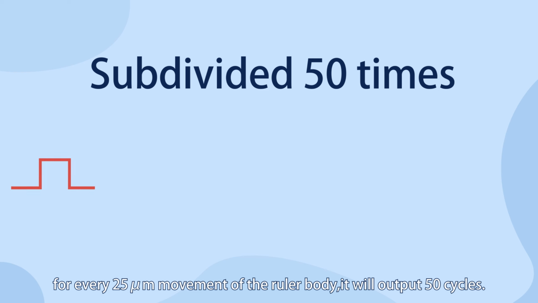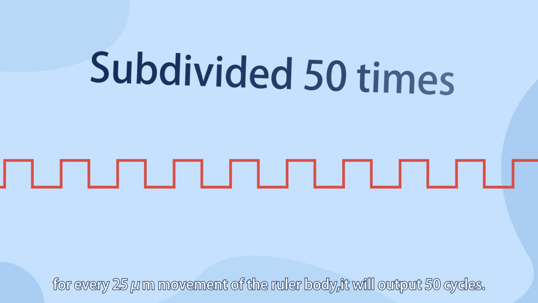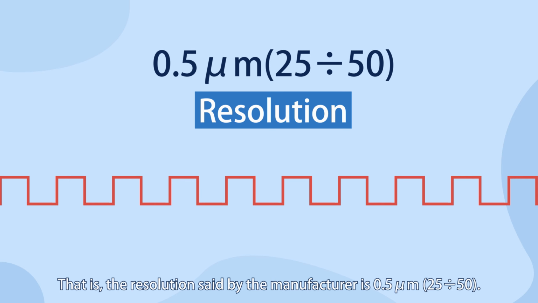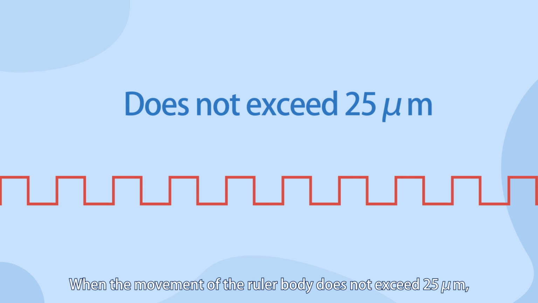For every 25 micron movement of the ruler body, it will output 50 cycles. That is, the resolution set by the manufacturer is 0.5 micron. When the movement of the ruler body does not exceed 25 micron, the read head will not output a cycle.